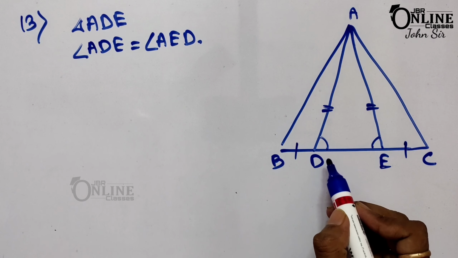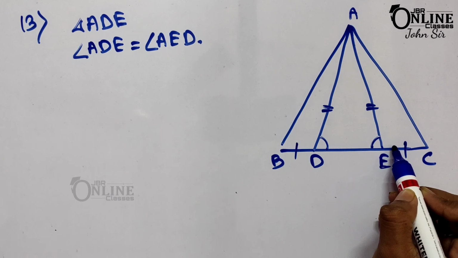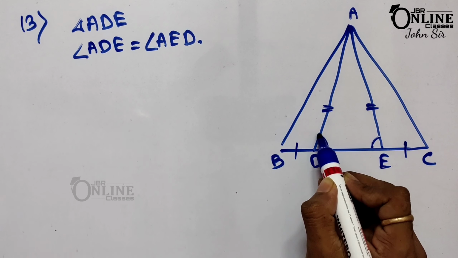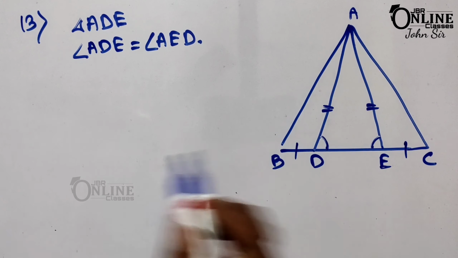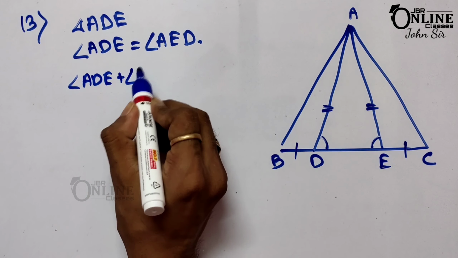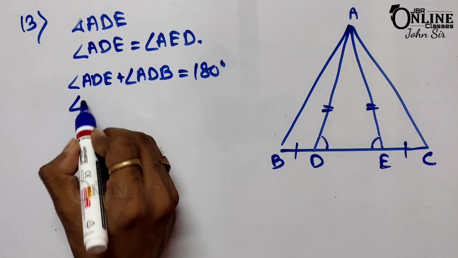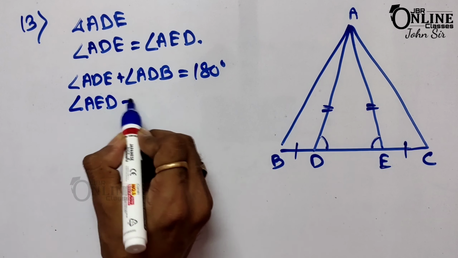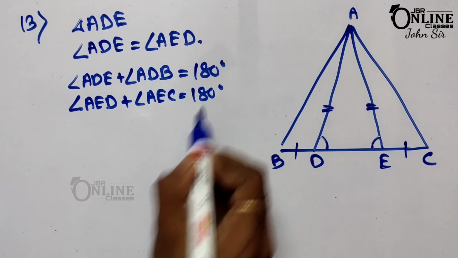So now you know that this angle and this angle equal 180 degrees, and again this angle plus this angle also equal 180 degrees. So you have to write down here ADE plus ADB equal to 180, and again AED plus AEC equal to 180.